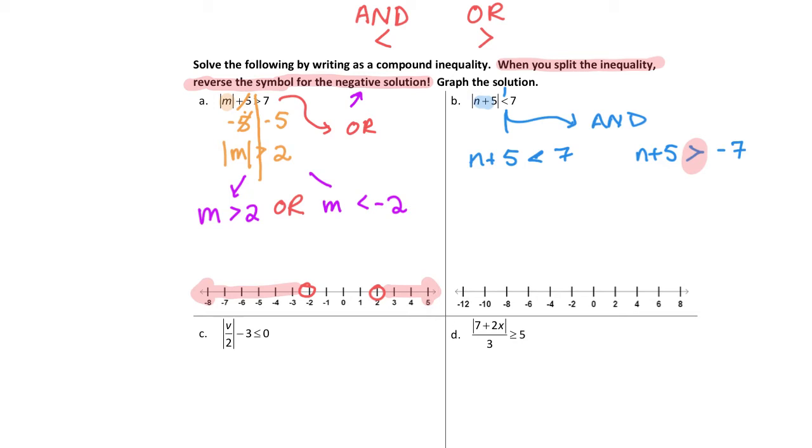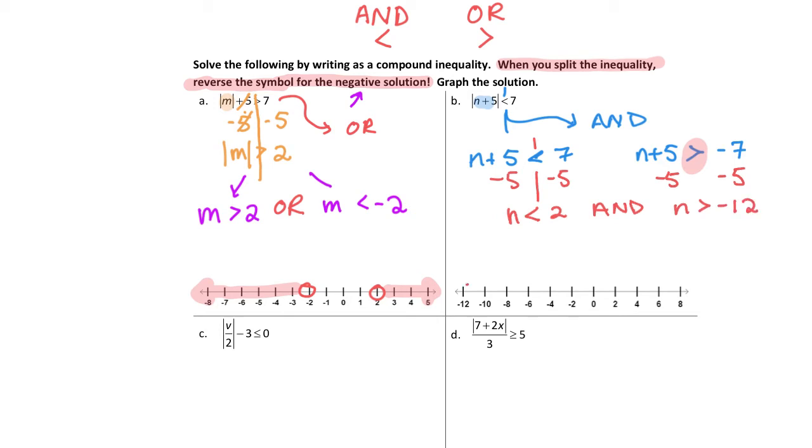We solve each one separately next. For this first one, we've got to move this 5, so subtract the 5. We get n is less than 2, and literally and. On this next one, do the exact same thing. So -5, n is greater than -12.